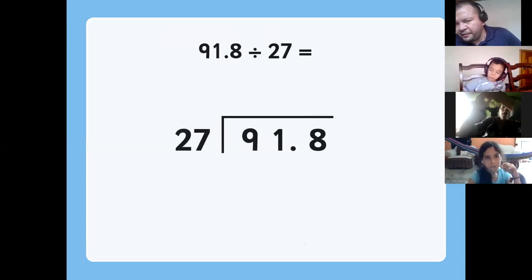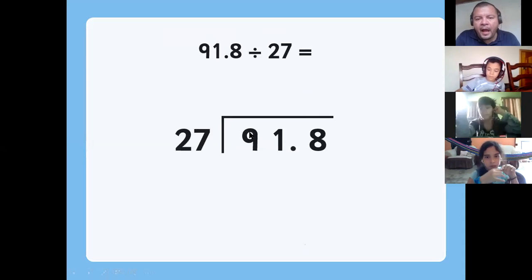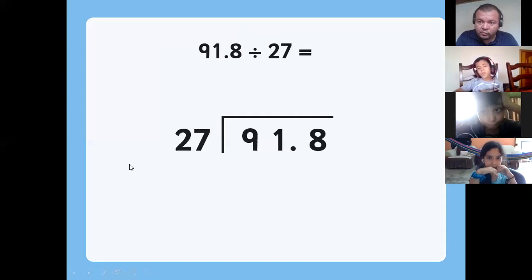91.8 divided by 27. Here, 9 is less than 27, so I have to take the two numbers. 91 is bigger than 27.